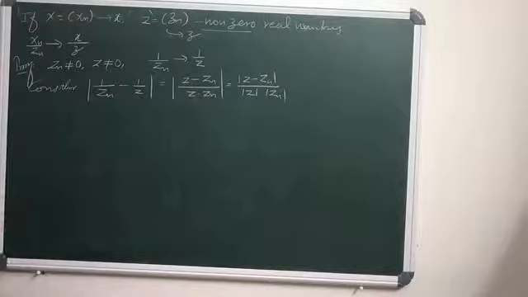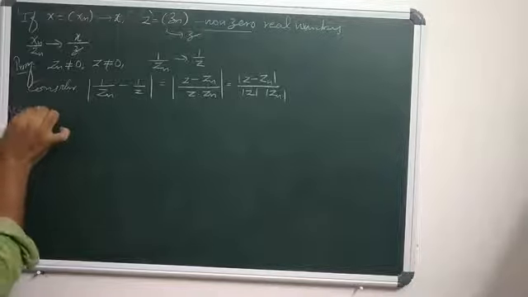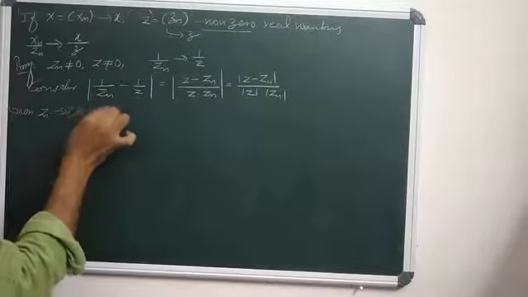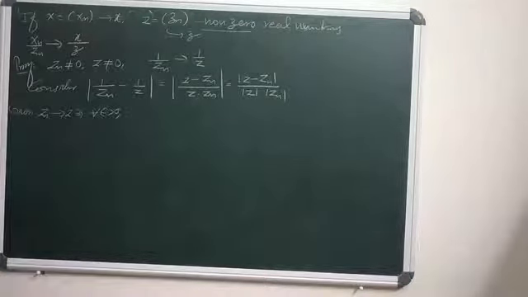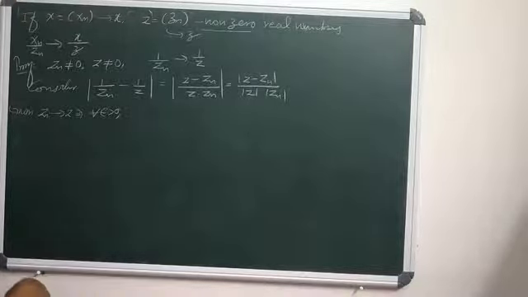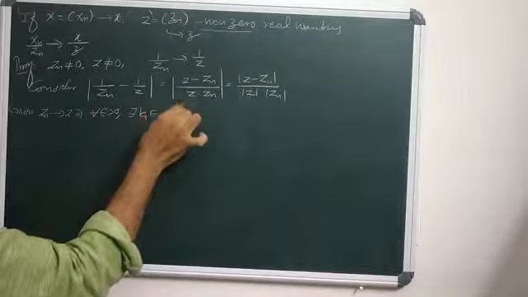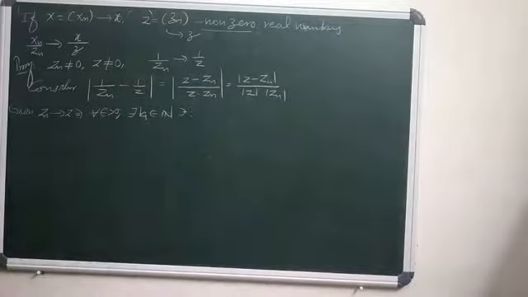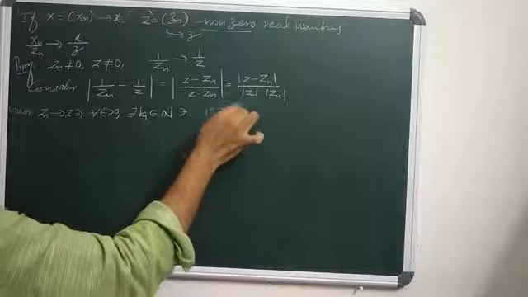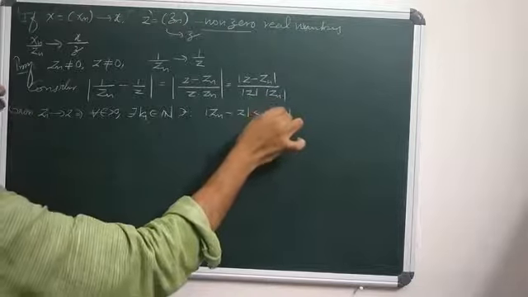Now zn converges to z. It is given. That means for some epsilon positive, there exists k1 natural number such that mod zn minus z is strictly less than mod z by 2.